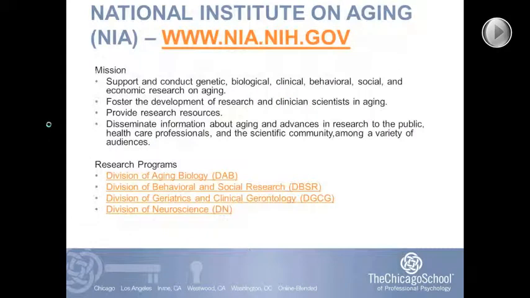faculty will think of. But I also want to point out, again, the NIA, the National Institute on Aging, looks at genetics, behavioral, social, even economic research on aging. They look at neuroscience as well. And so there are certainly research programs and strategic missions there that may be of interest.